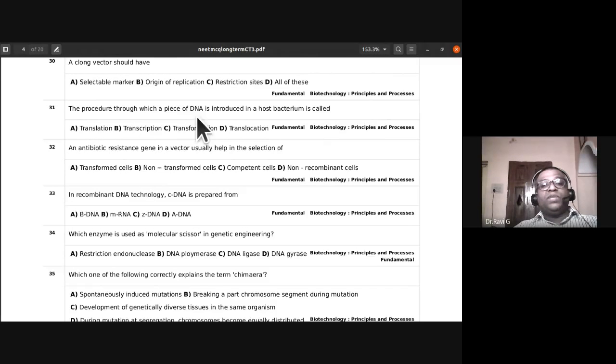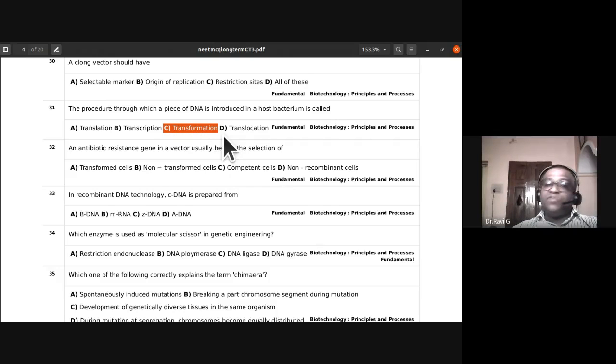The procedure through which a piece of DNA is introduced in a host bacterium is called as. So the procedure through which a piece of DNA is introduced into a host bacterium. We say transformed cells. See, transformation has two definitions. One type is the bacterial sexual reproduction. There is one method, transformation, which we study for evidence for DNA as a genetic material. Sexual reproduction in bacteria.